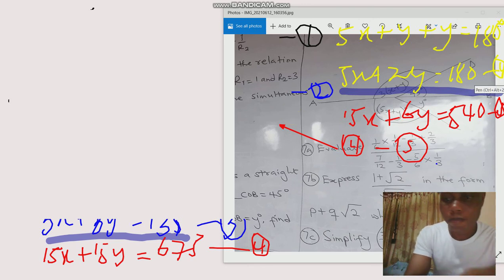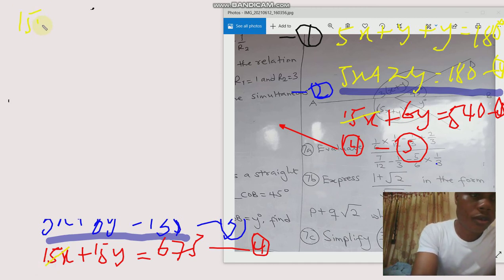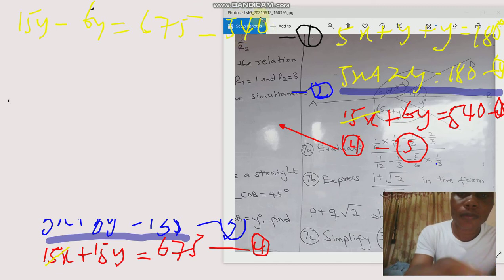Equation 4 minus equation 5: the 15x and 15x will cancel out. So I'll be left with 15y minus 6y equals 675 minus 540.